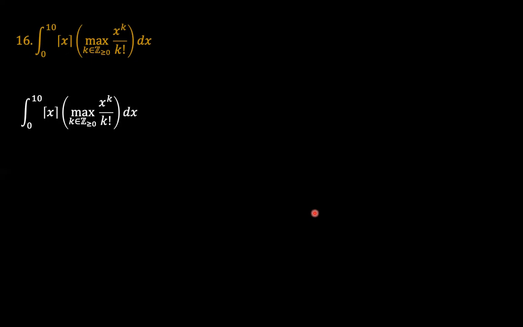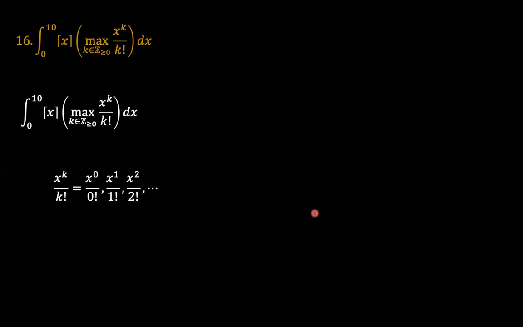So this problem looks very intricate, but it is very interesting. When you have an expression like this, the first thing that you have to decipher is the x to the power k over k factorial. That is equal to x to the power 0 over 0 factorial, and 0 factorial is 1, or x to the power 1 over 1 factorial, or x to the power 2 over 2 factorial.